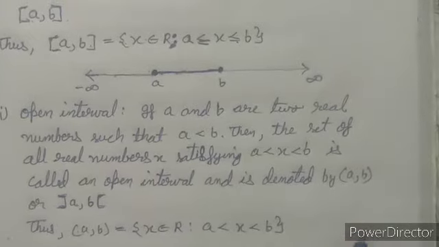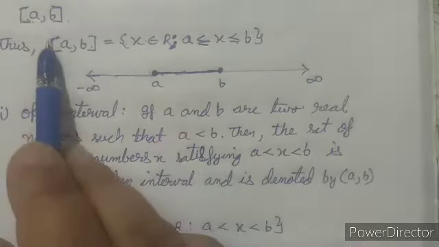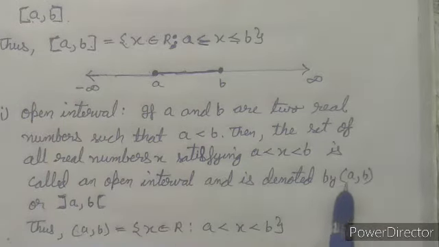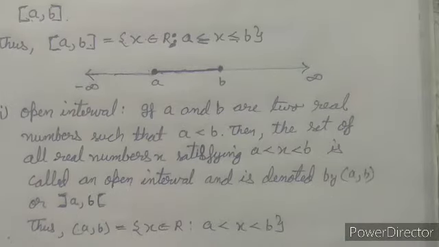Now we have to keep in mind that if a and b are included, then they will be represented in closed bracket, and if a and b are not included, then they will be represented in an open bracket.